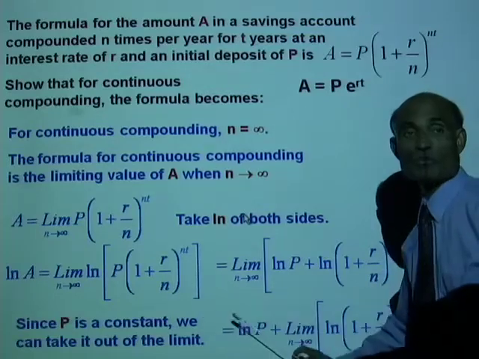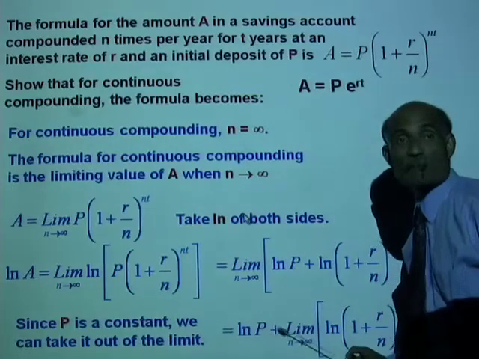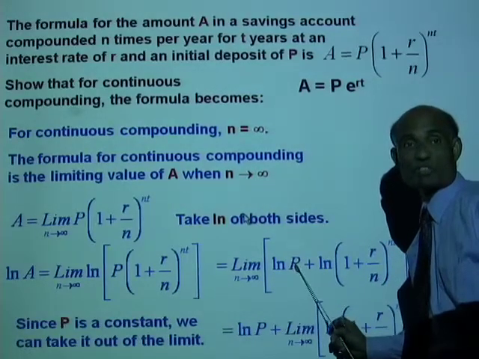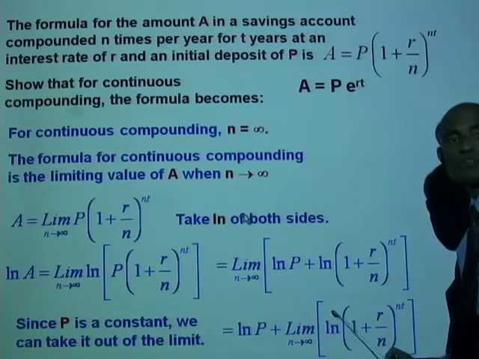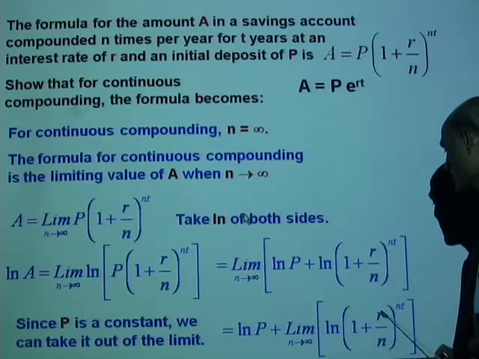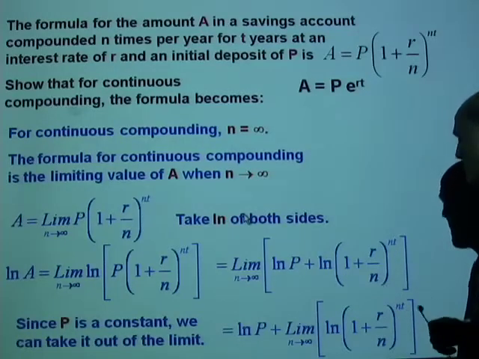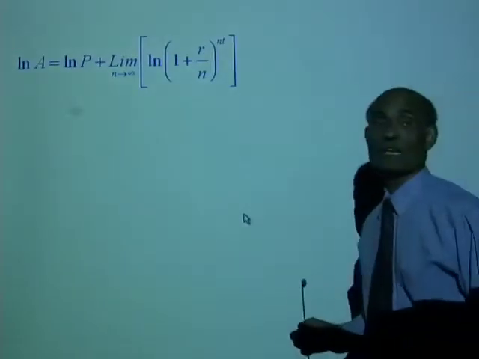You've got to read it like this. ln A equals ln P plus, we just take it out of the limit, ln P plus the limit as n goes to infinity of this quantity, ln of 1 plus r over n to the power of nt. Okay, let's go to the next page.